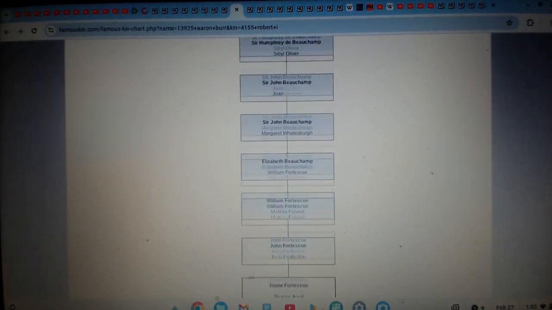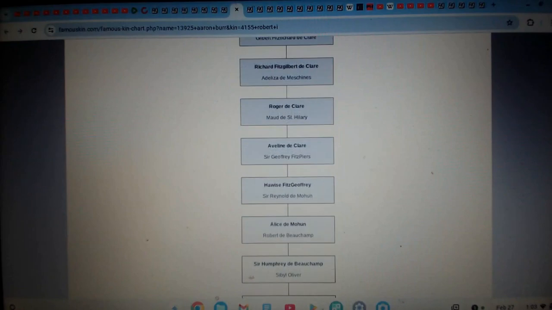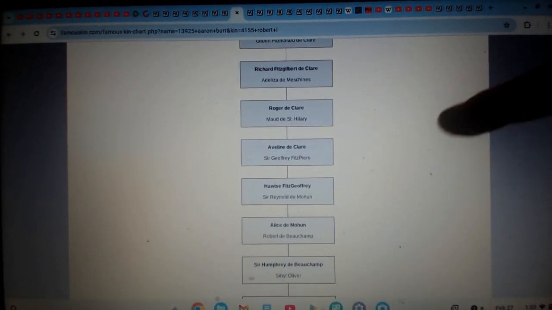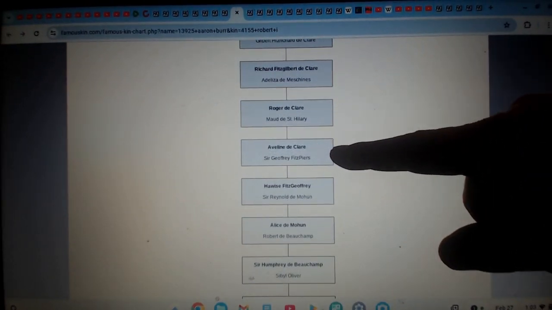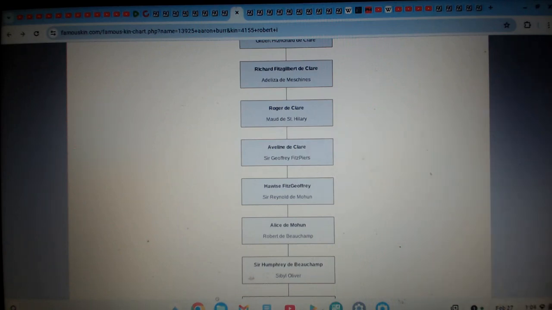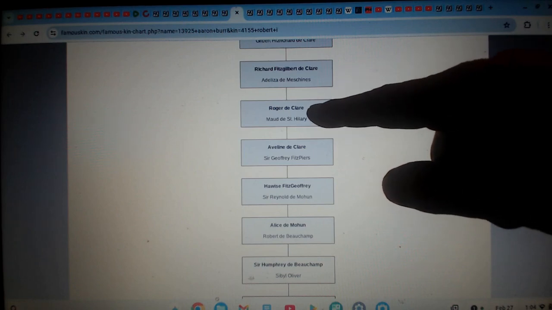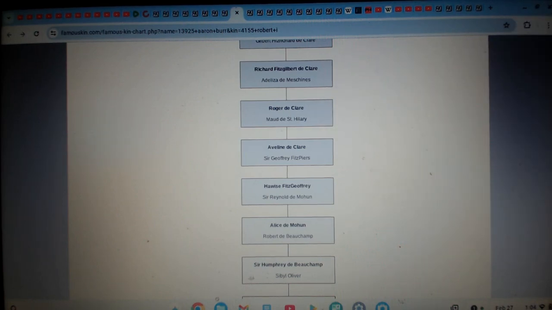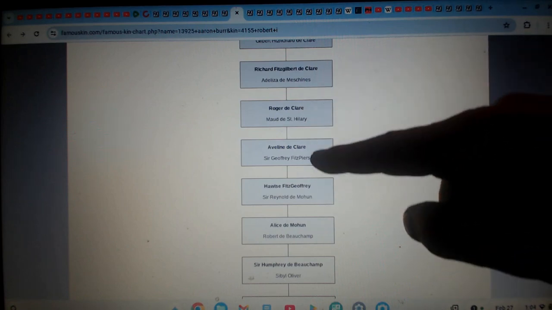Okay, I passed something up. Here we go. Aveline de Clare and Sir Geoffrey Fitzpierce. I don't know if you can see that. But yeah, and look at who's at top. Remember the other name was Maud de St. Hilary. And there it is. Both of them right in the name.